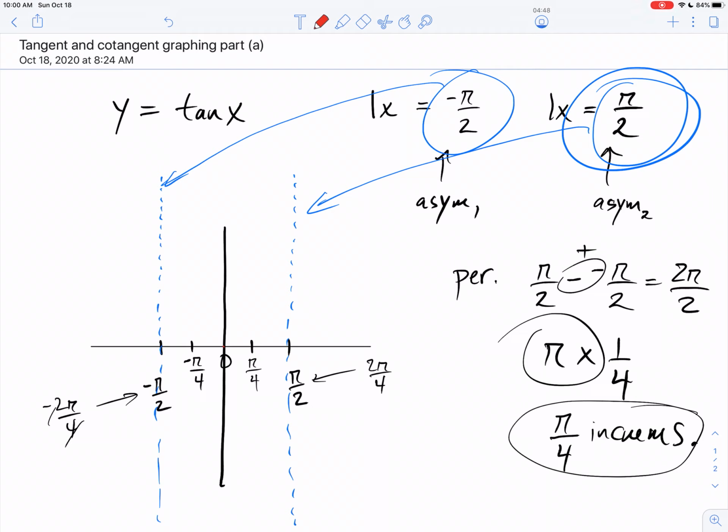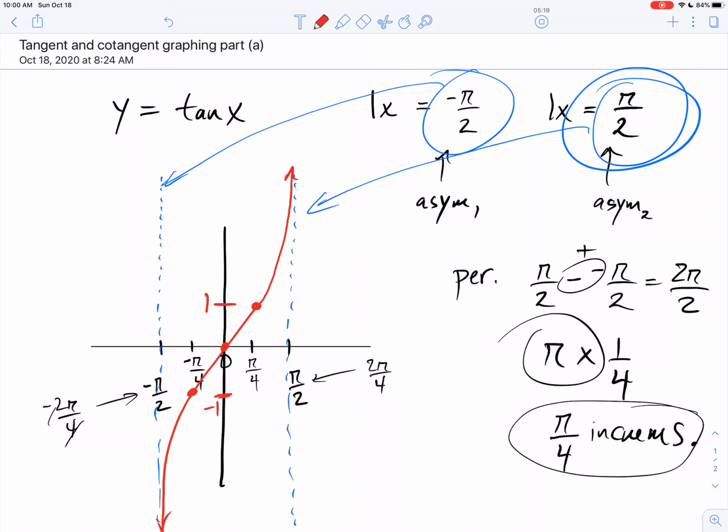So right dead center, there's my guy. I go up 1 unit, there's that guy. I go down 1 unit, there's this guy. Remember, the blue lines are asymptotes. So this graph is going to exist between the asymptotes, and it always has that cool curvature look to it.